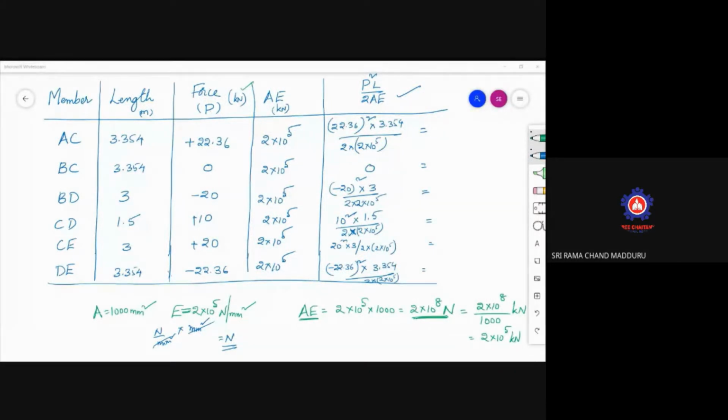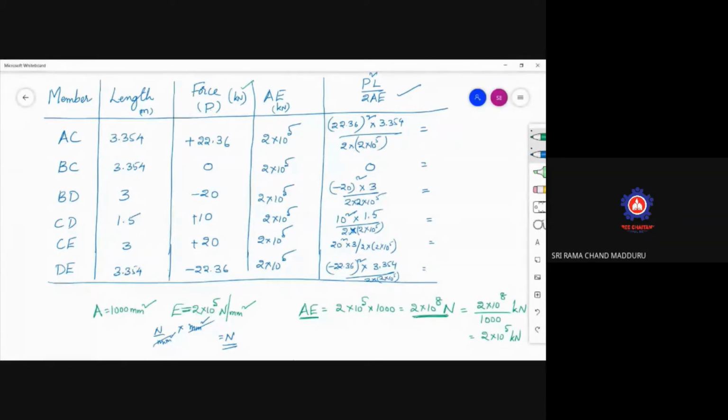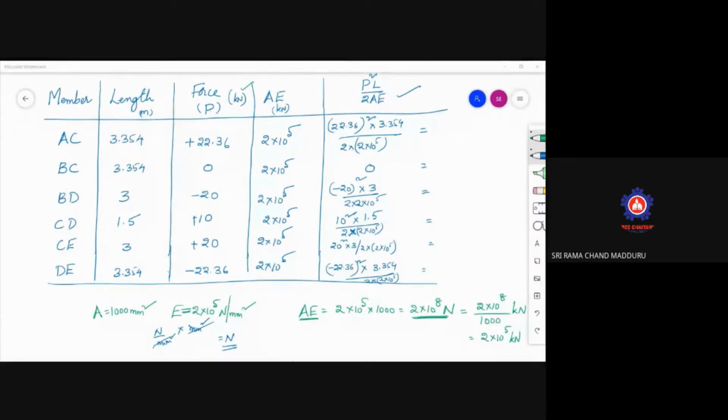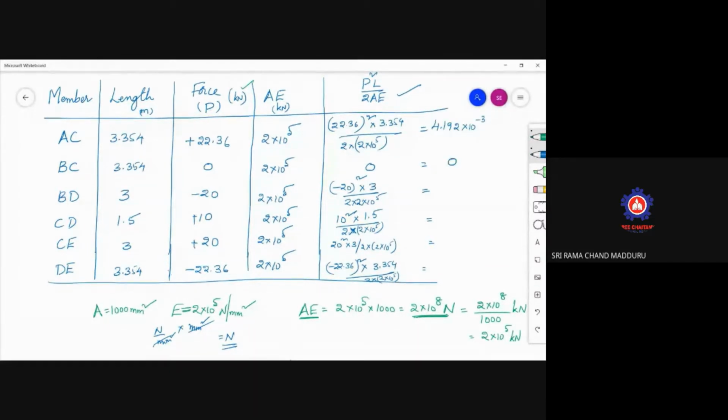3.35, that is the length. So what is the value of this one? For AC, what is P square L by 2AE? This is 0. And this value is 3 into 10 power minus 3. Please check this one, do it manually. 3.75 into 10 power minus 4, 3 into 10 power minus 3, 4.192 into 10 power minus 3.